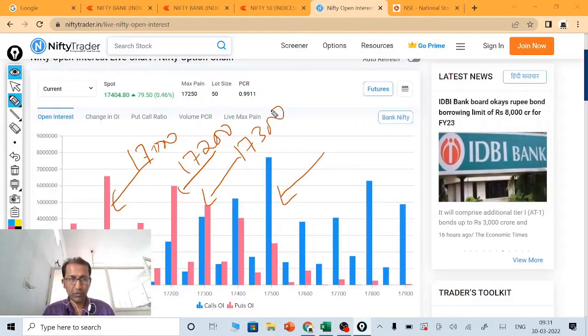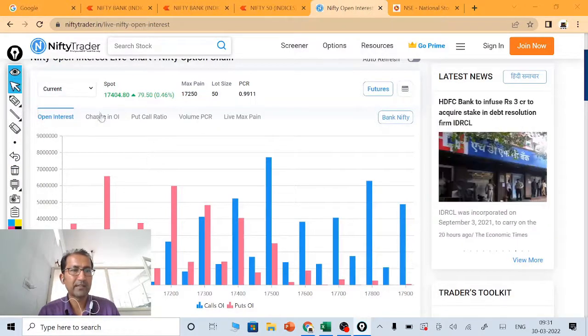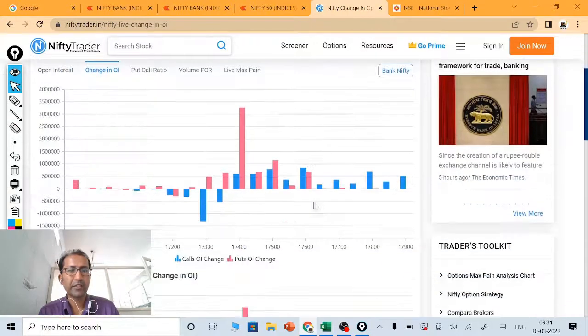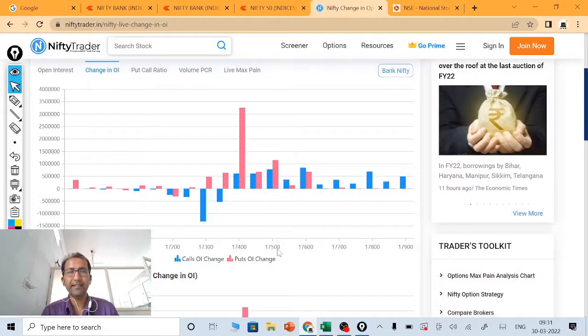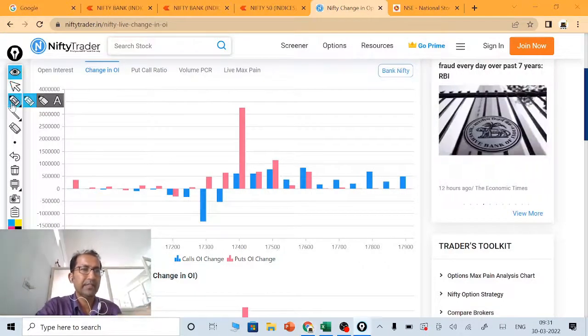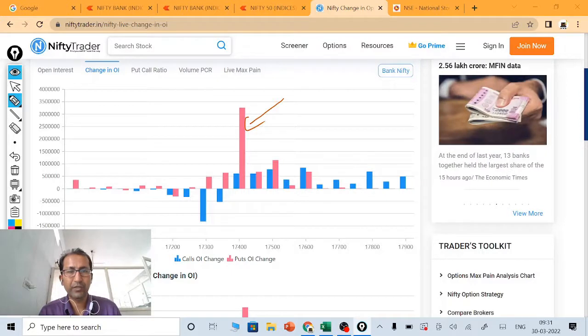And let me come to the change in open interest tracker. You can see the highest change on the put side at 17,400, which means 17,400 puts are written today.